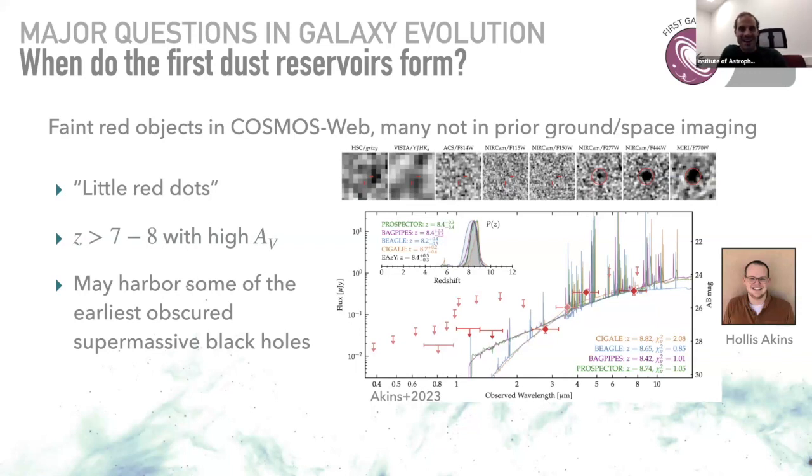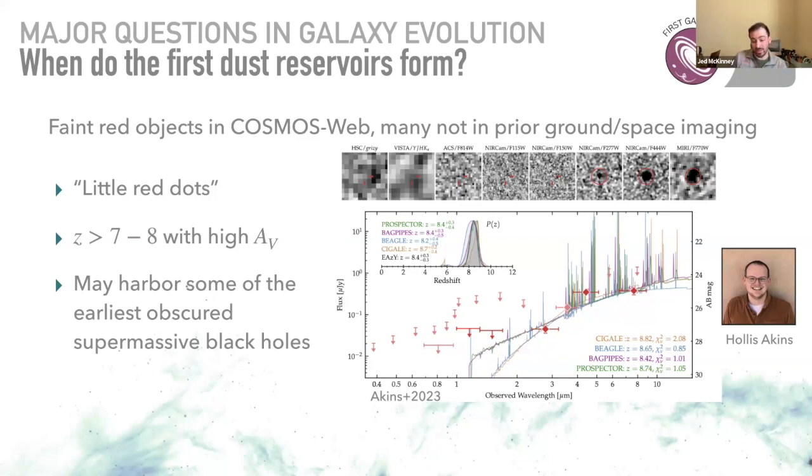You say they have a high AV, no? Is this related in any way? Is there any connection with them harboring supermassive black holes, or was this not expected?